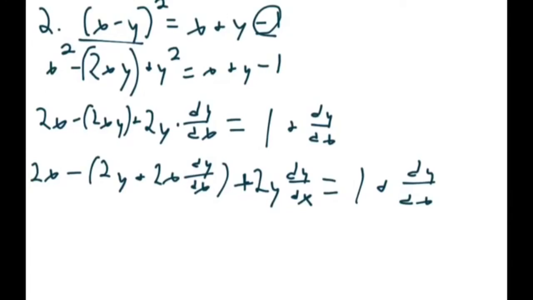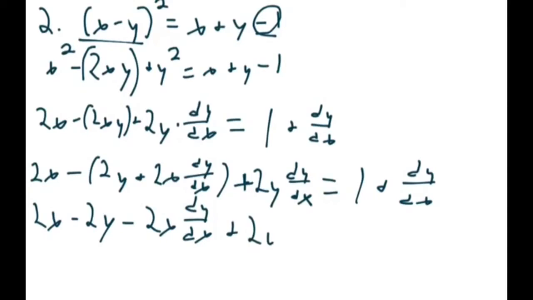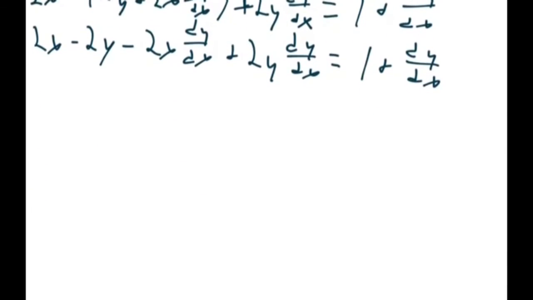Alright, then distribute the negative, so it's going to be 2x minus 2y minus 2x dy over dx plus 2y dy over dx equals 1 plus dy over dx. Alright. Now what we've got to do is solve for dy over dx, so we're going to start by trying to get dy over dx on a side by itself.